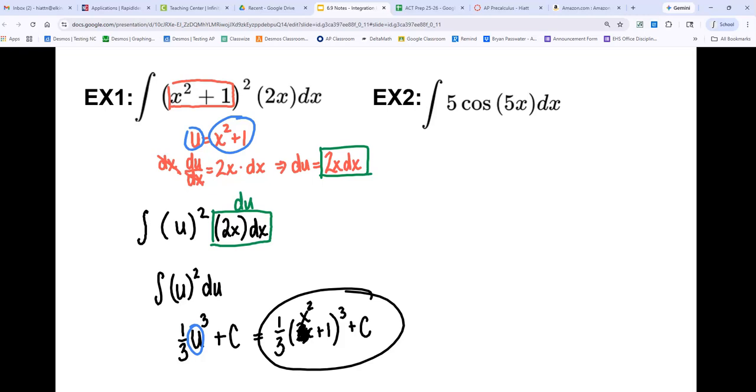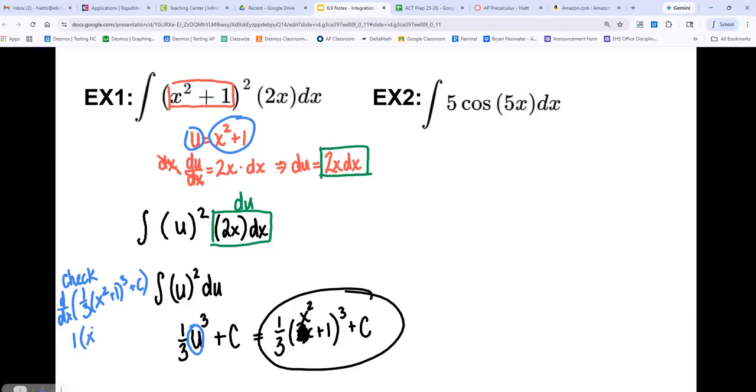You can check your work on these pretty easily by taking the derivative, right? If you take the derivative of 1/3 times (x squared plus 1) to the third plus c, you would multiply out front: 3 times 1/3 is just 1.